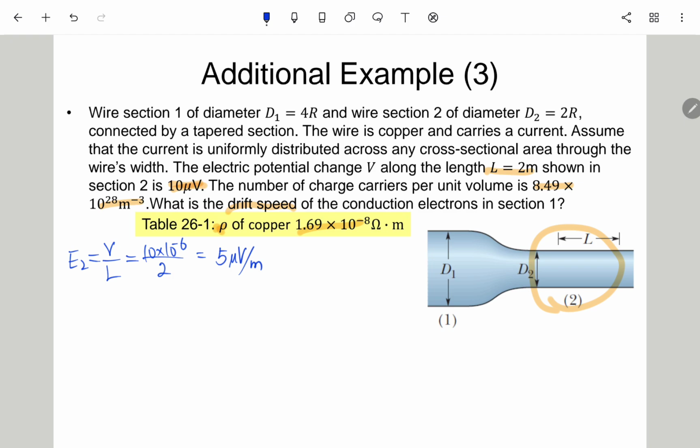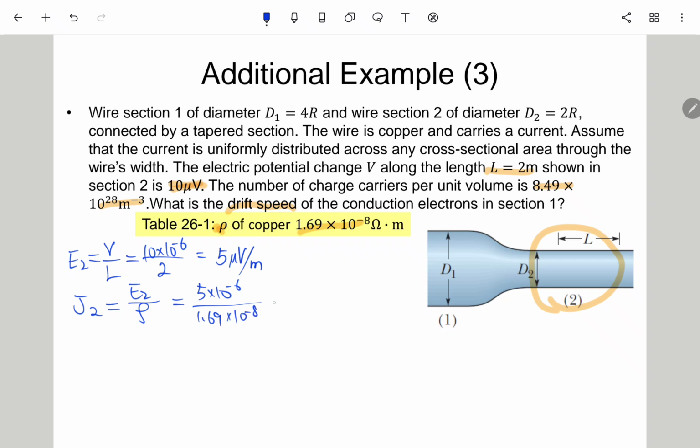In that sense, we can calculate J2 will be E2 over rho. We make use of the vector form of Ohm's law. So this is 5 times 10 to the negative 6 over rho, which is 1.69 times 10 to the negative 8.